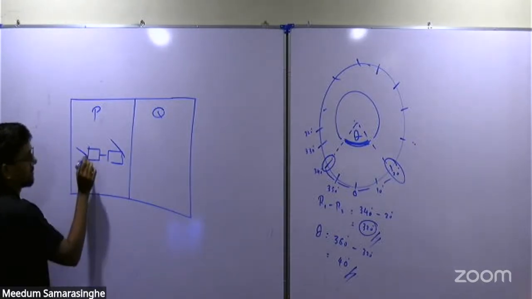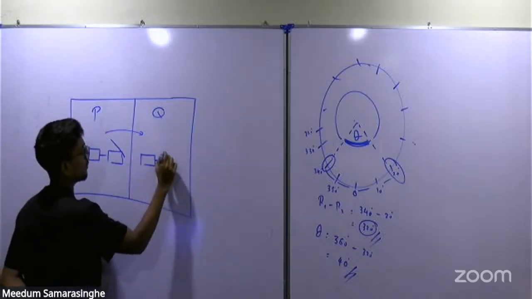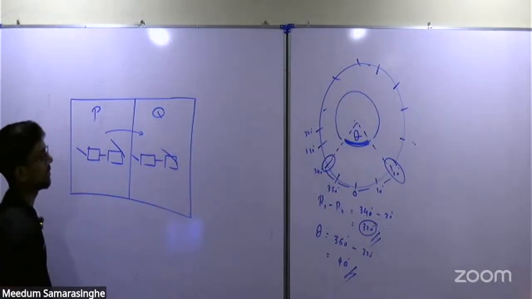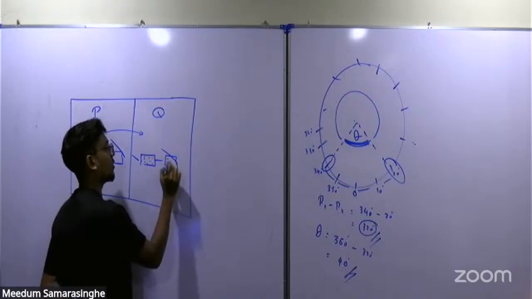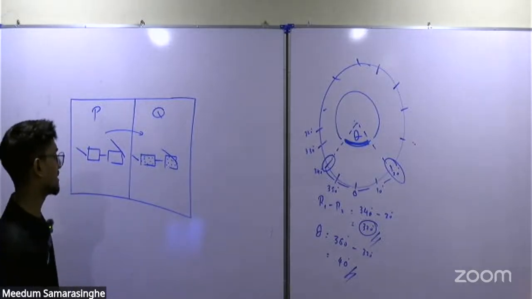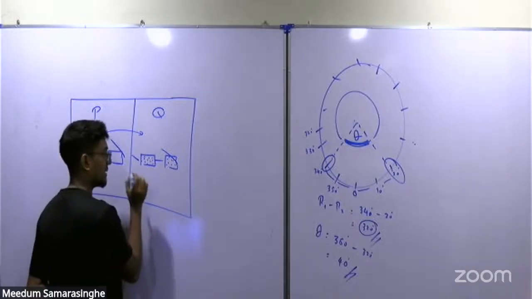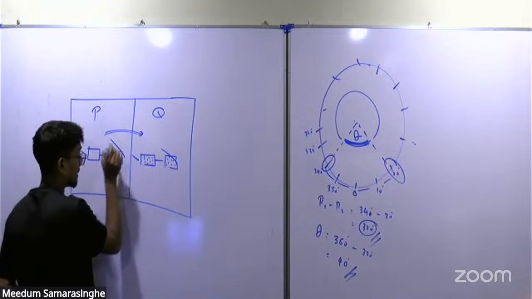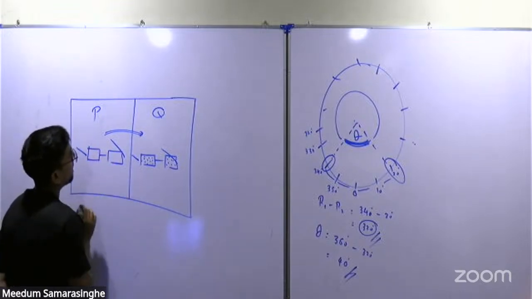Let's say the person moves from room P to room Q. When he travels from P to Q, he observed that a thin film of water is formed on his pair of spectacles. What is the reason for forming a thin film of water? The reason is, when he is traveling from here to here, let's say I'll take figures.